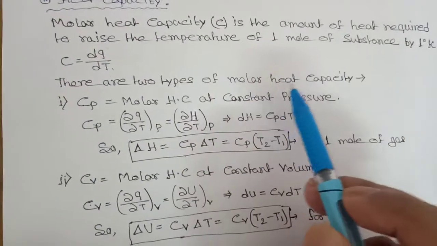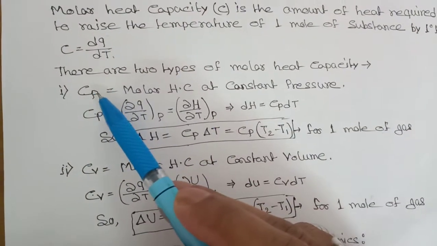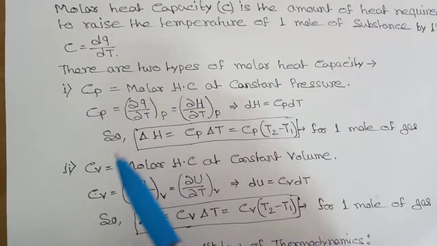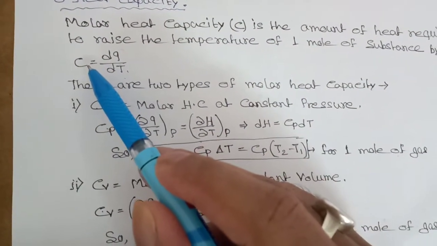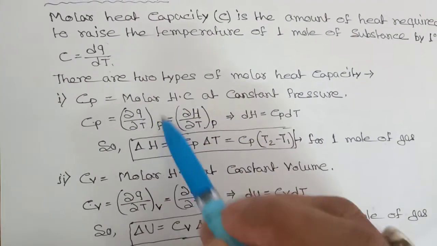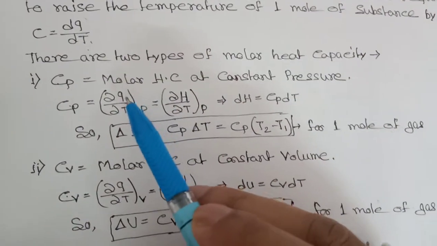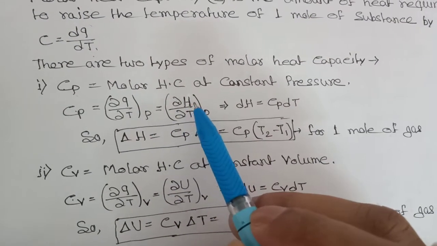There are two types of molar heat capacity. First one is Cp, second one is Cv. Cp means molar heat capacity at constant pressure and Cv is molar heat capacity at constant volume. So Cp means dQ by dT at constant P. And we all know heat at constant pressure is equal to change in enthalpy.